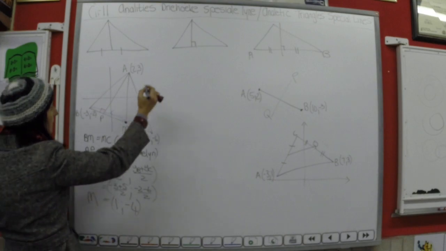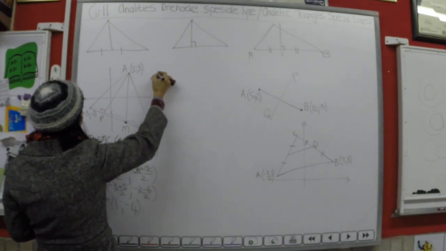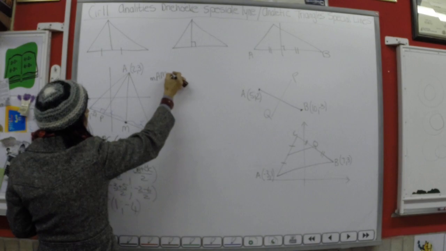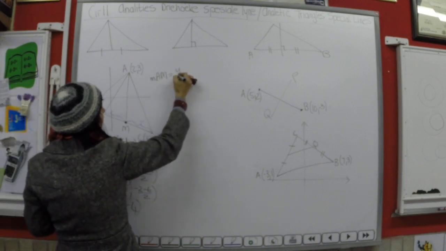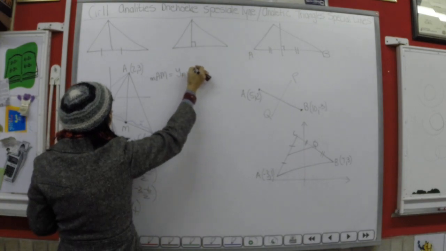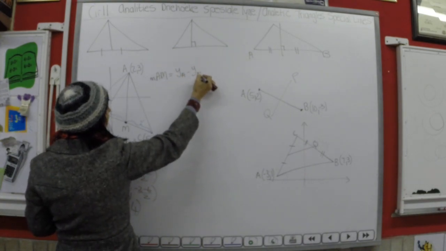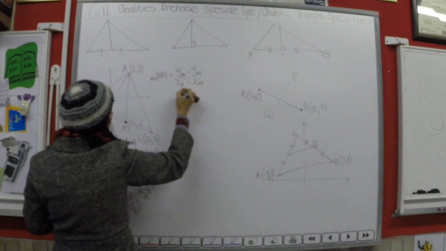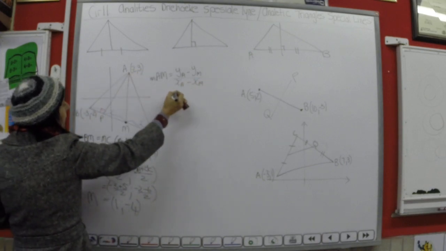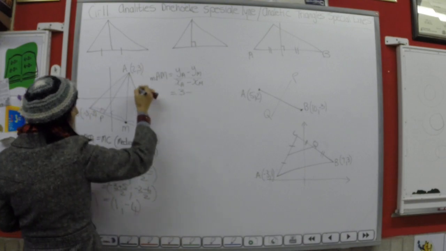So kom ons kry die gradient, klein lettertjie m van AM, gaan wees verandering in y oor verandering in x. So it's yA minus yM on xA minus xM. So kom ons doen substitusie, ek het vir yA minus yM.